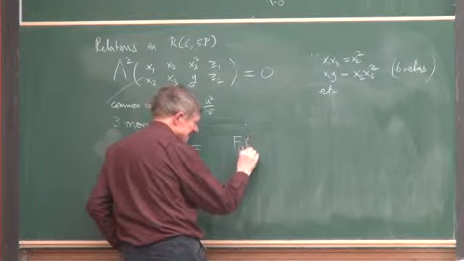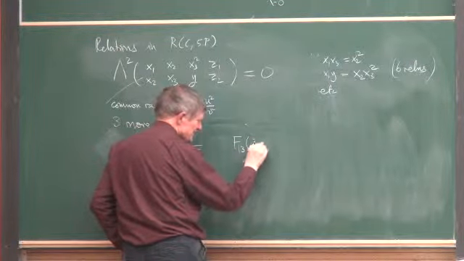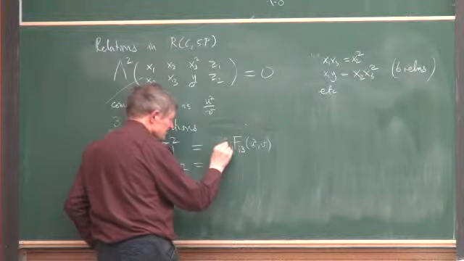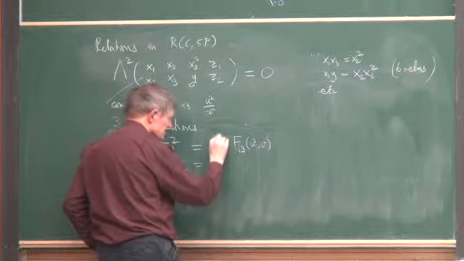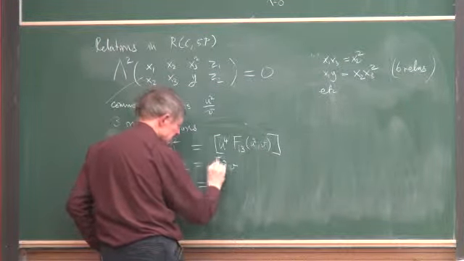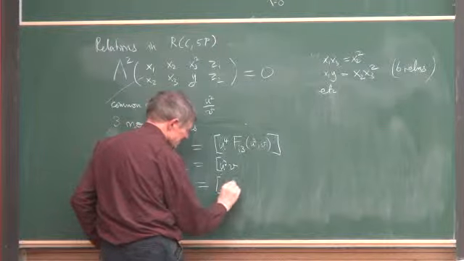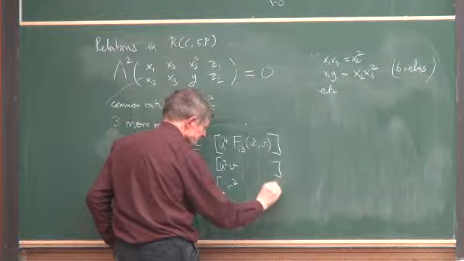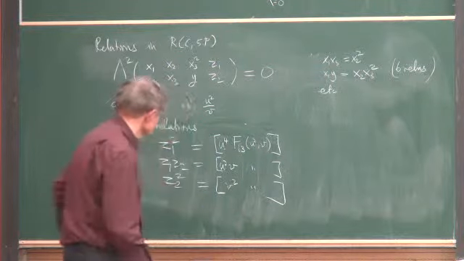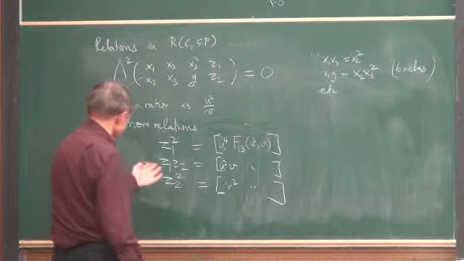So F13 is this equation in u squared and v, right? And then I'm going to multiply it by u to the 4th, or u squared v, or v squared.